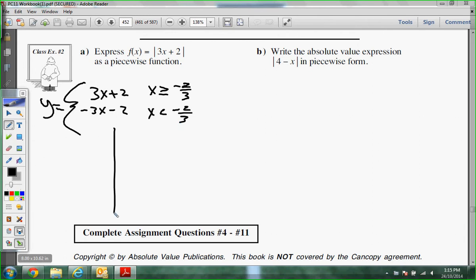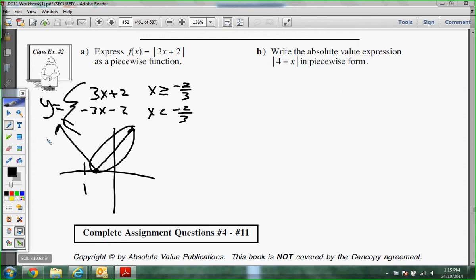So this graph hits right here, and then it goes like this. So here's my positive line, there's my negative line. Okay, so obviously a little bit different because they have a different slope, but we can talk about that when we get to the actual graphing part. Questions with that?